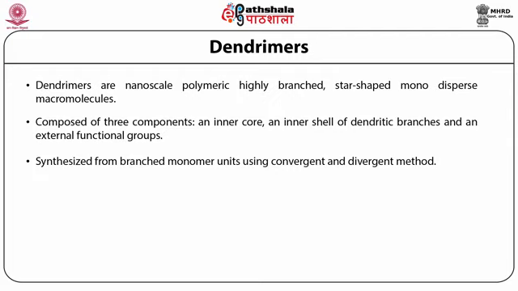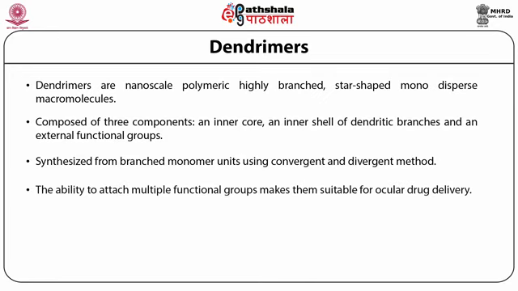The first one is the convergent and the second one is the divergent method. The ability to attach multiple functional groups makes them suitable for ocular drug delivery. Also, being artificially synthesized, they can be tailored with respect to size, shape, polarity, density, and solubility.